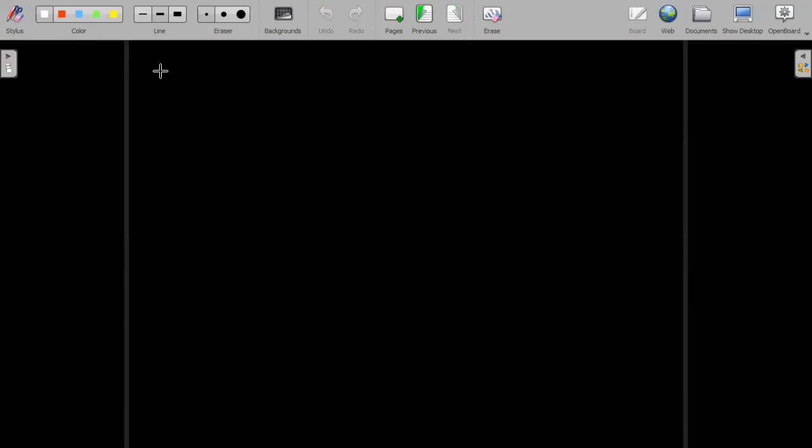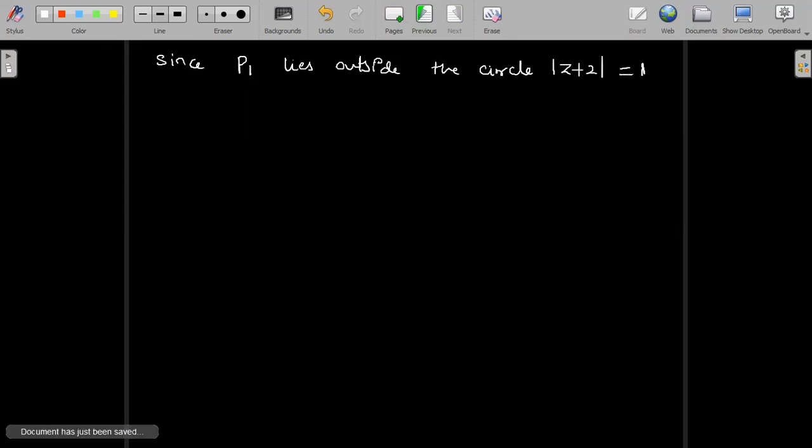Okay. So for the first one, since P1 lies outside the circle, modulus of z plus 2 is equal to 1.